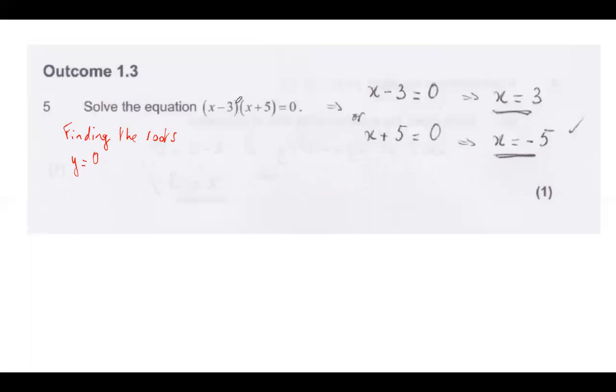So it's either this one equals 0 or the other one equals 0. So x minus 3 equals 0 when x equals 3. You just add 3 to both sides to balance your equation. And x plus 5 equals 0. You just take away 5 on each side, so x equals negative 5. And that's probably why it's only 1 mark.